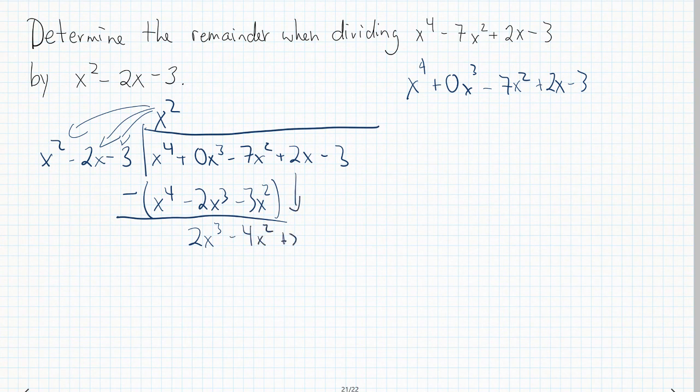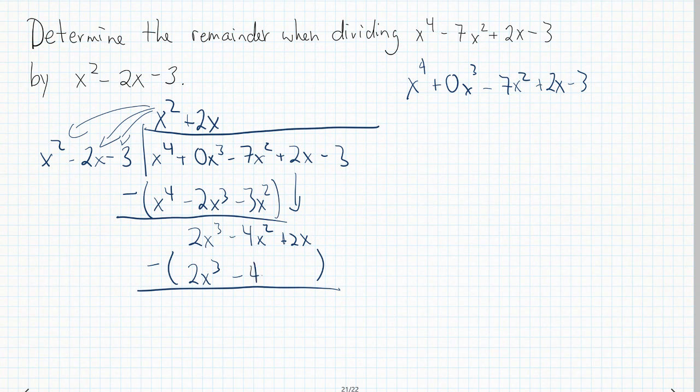So plus 2x. Alright. So x squared times what will give you 2x cubed? Well, notice that'll be plus 2x. And so now we have to do the same process. So 2x times x squared makes 2x cubed. 2x times negative 2x makes negative 4x squared.